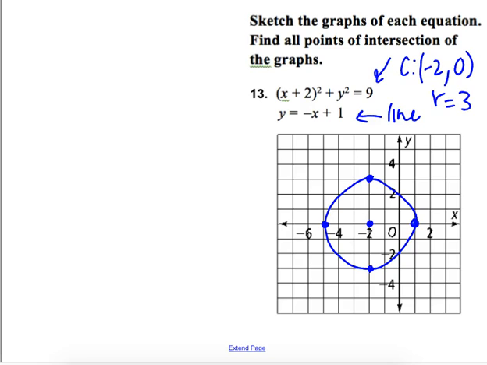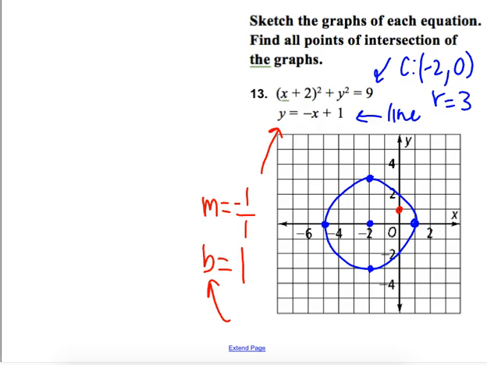I know this is kind of a stretch for some of us, but the line is in slope intercept form. So I have a slope of -1/1 and an intercept of +1. Remember, you start at your y-intercept, which is our b value. Put the dot at 1.